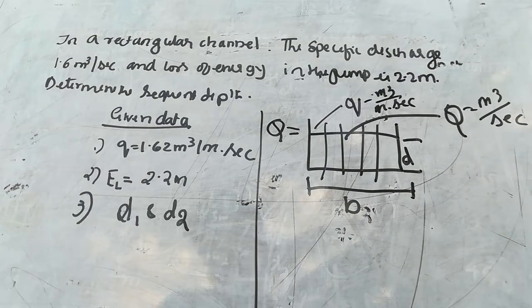So here we have the specific discharge 1.6 meter cube, and loss of energy in the jump is 2.2. Determine the sequent depth. The breadth is not given in this diagram.